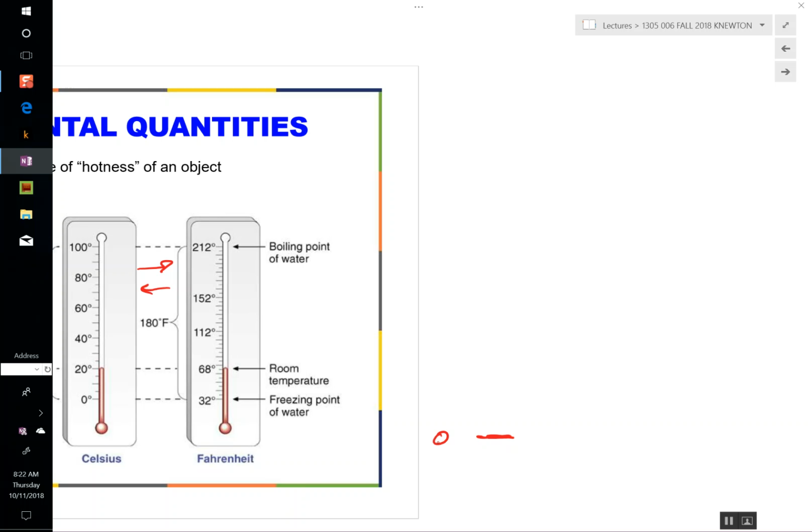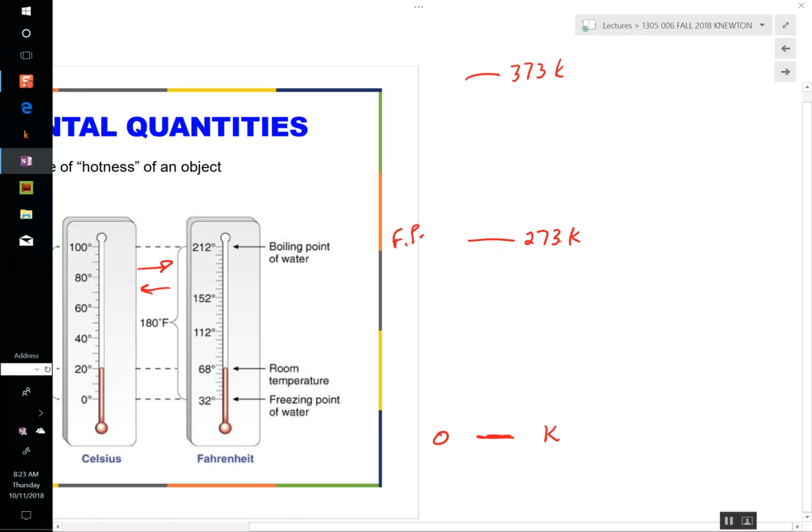But you can't get any less than no energy. And so that's where Kelvin begins, at 0 energy. The freezing point of water is 273 degrees Kelvin, and the boiling point of water is 373 Kelvin. They don't usually use the degree, they just use the K.